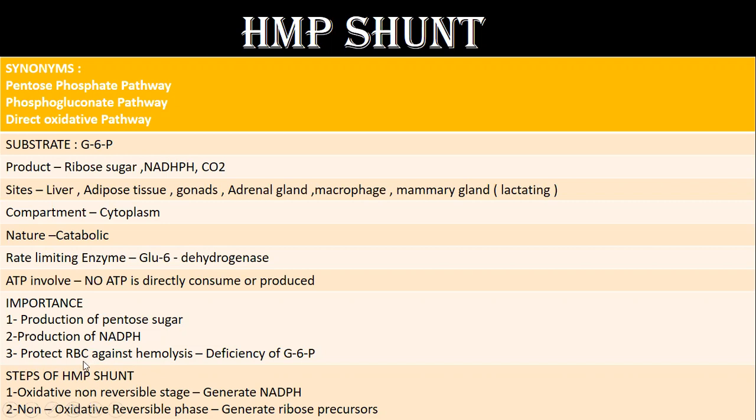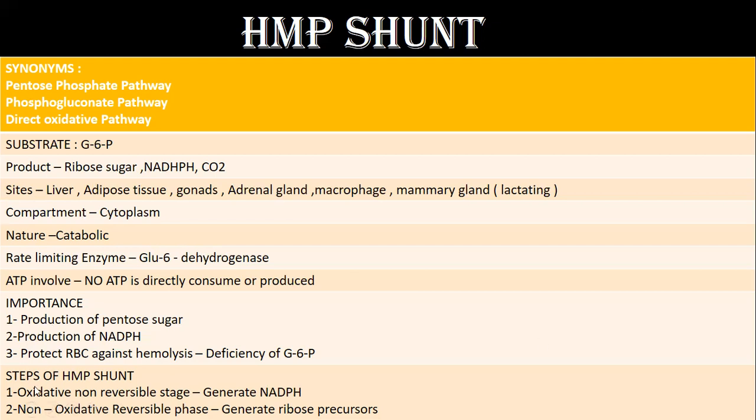So it protects RBCs against hemolysis. Remember that if the examiner asks how it is protected: free radicals like superoxides can cause oxidative damage to the RBC cell membrane, and it leads to hemolysis of RBCs. So this is the reason basically.